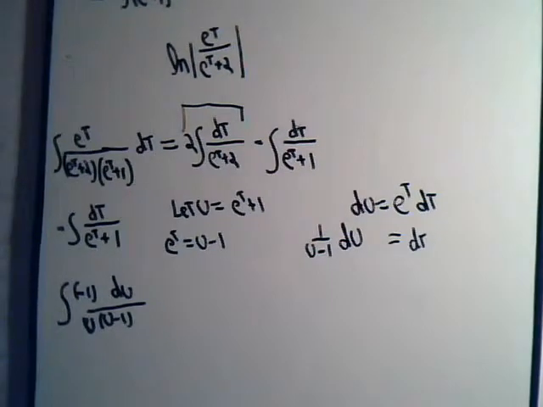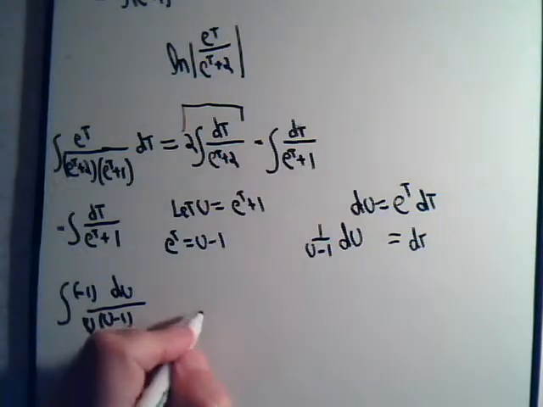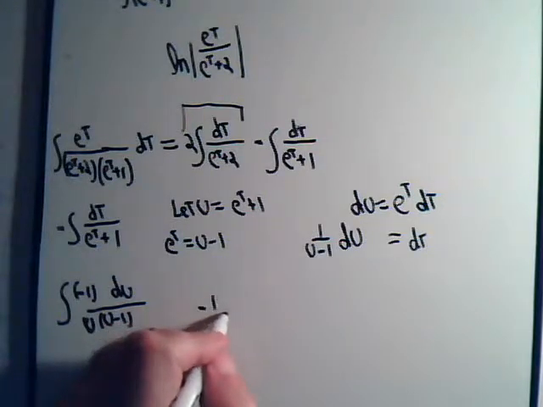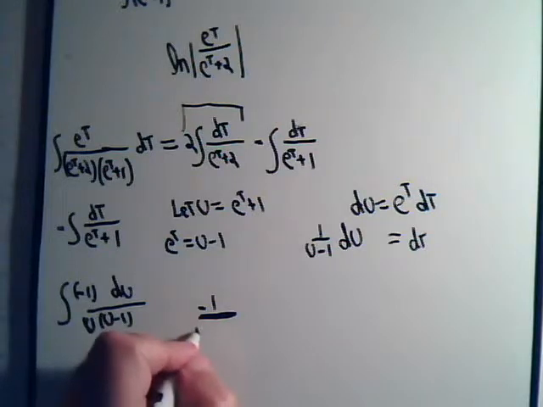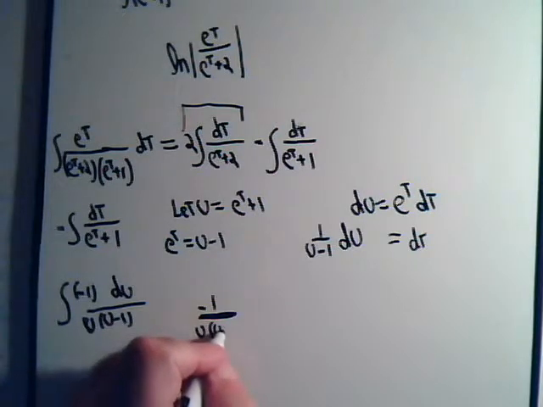So now, this integral here is the integral of minus 1 over u times u minus 1. It looks like, once again, we have to resort to partial fractions. So let's see. We're going to have minus 1 over u times u minus 1.